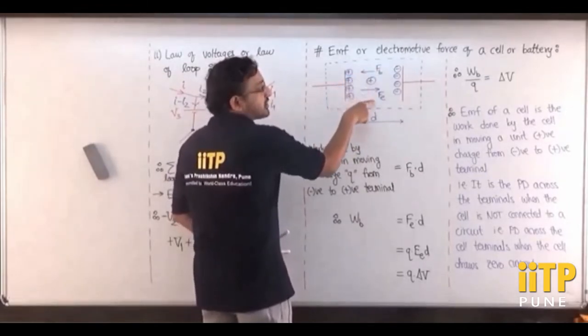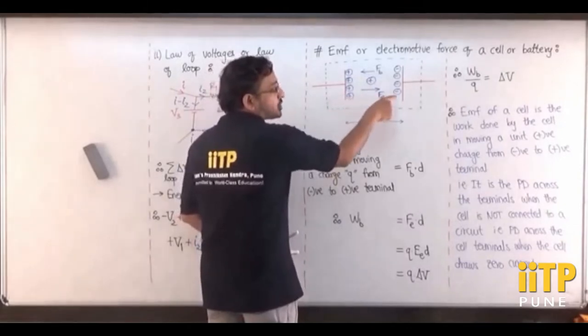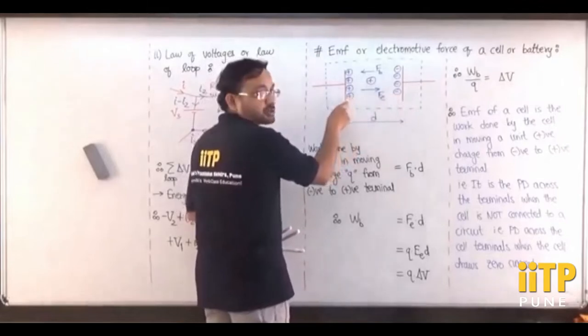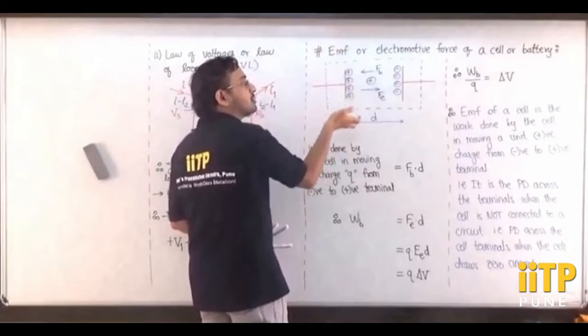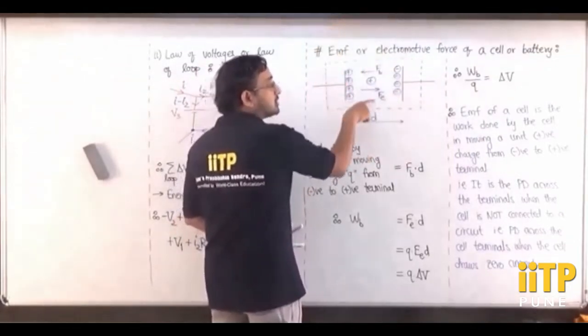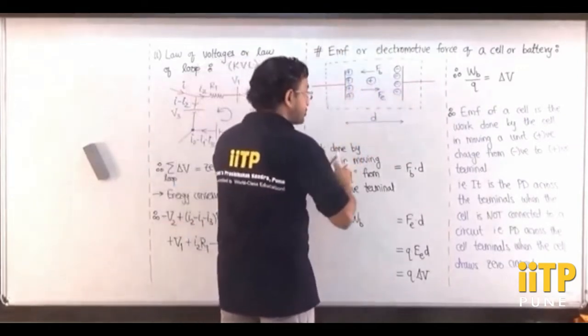The other force is this electrostatic or electric force, which is simply coming from the attraction due to the negative charges here, or from the repulsion of these positive charges. But as these positive charges increase, in other words, as these negative charges increase, this force or the electric field inside also starts to increase.